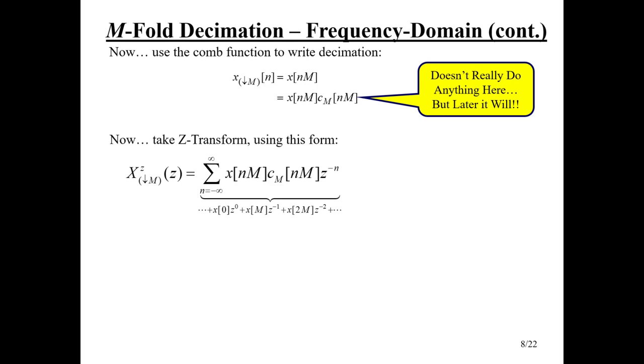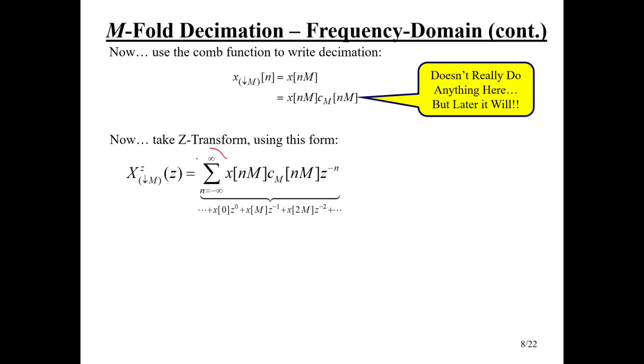So at this point you might say, then why did I put it in there? Well, just watch. So now I'm going to take the Z transform of this thing. So this is by definition. So here is this thing substituted in here using the form that we had times z to the minus n. That is the form for taking the Z transform of this decimated signal. Well, now let's take a look at what it looks like. It's always good when you're dealing with these infinite series to just write out a few terms and see what it looks like.